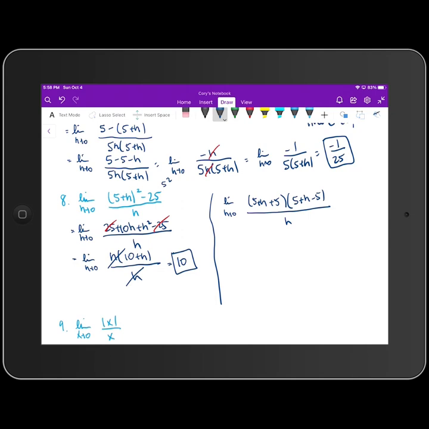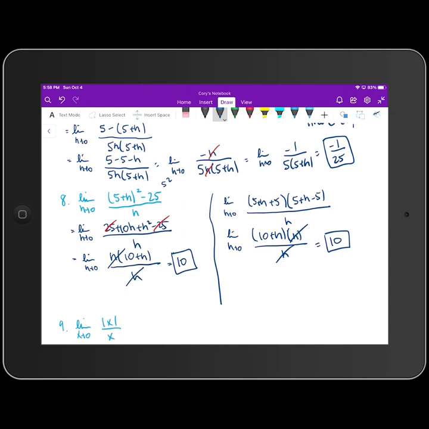If you simplify each of the quantities inside the parentheses, then the first factor in the numerator is going to give you 10 plus h. The second factor in the numerator is just going to be h all over h. And then you can cancel those factors of h and use direct substitution. And again, you get that limit to be equal to 10.